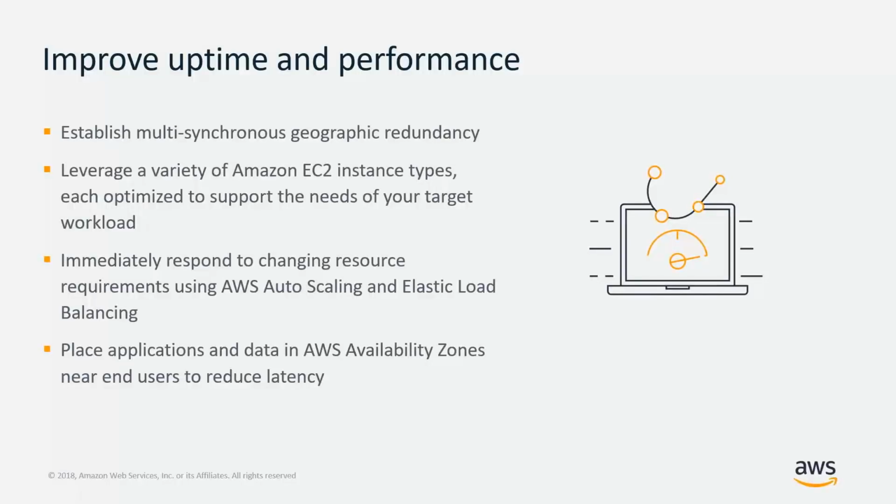Of course, improving uptime and performance is one of the main things. Something that is very unique about AWS specifically, and that differentiates us from the rest of the cloud providers, is the fact that our availability zones that are part of the region are actually sets of clusters of data centers that are on a different floodplain and a fault plane, many miles away from each other, connected by dark fiber.